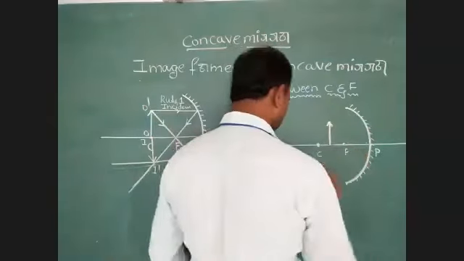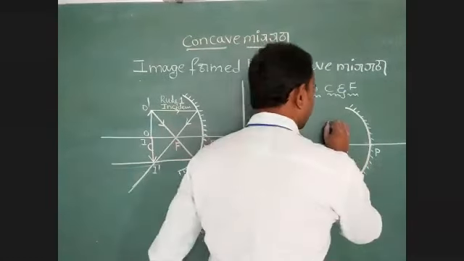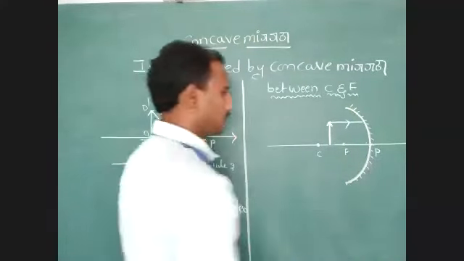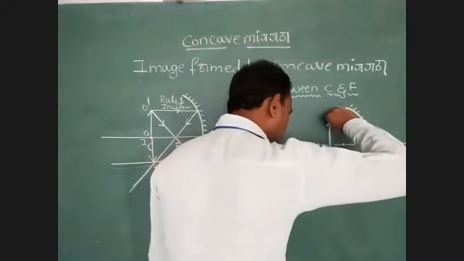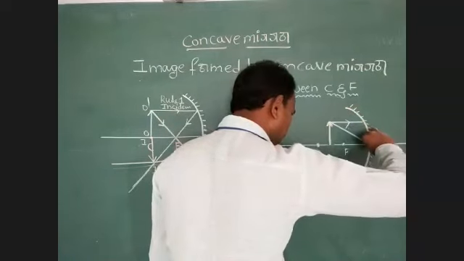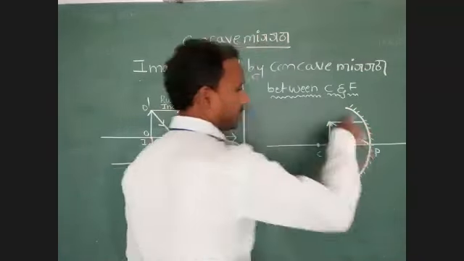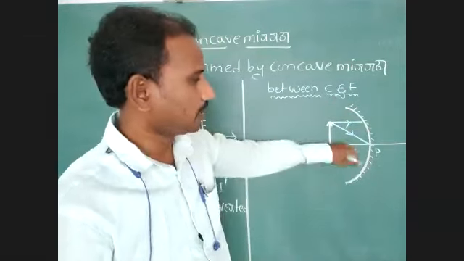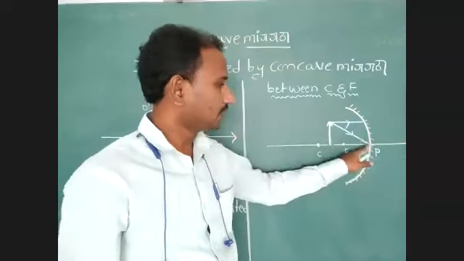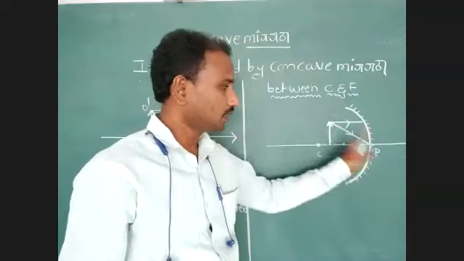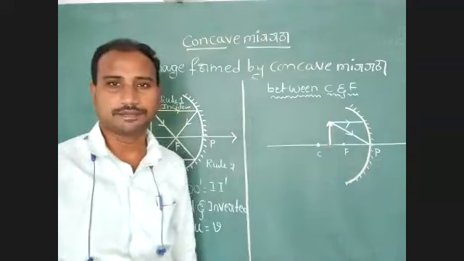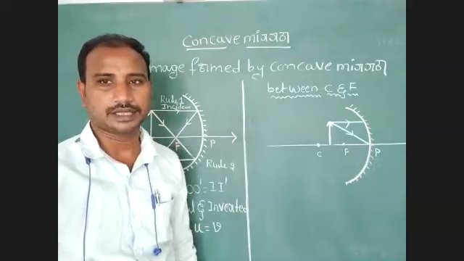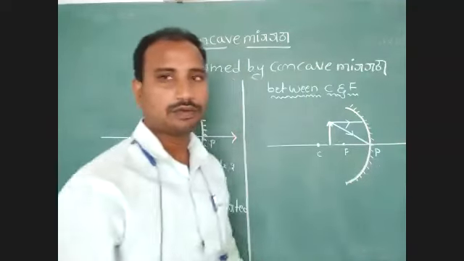One marginal ray is parallel to the principal axis, another marginal ray is incident at a point P on the reflecting surface of the concave mirror. So there are two marginal rays. Next, you have to follow the rules.